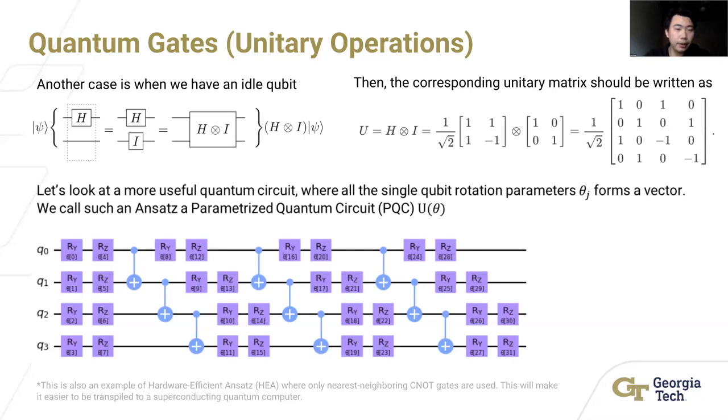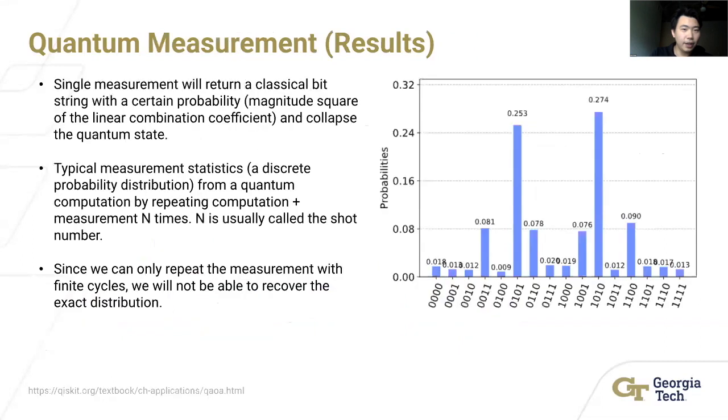We usually call this circuit with single qubit parameterized rotations a parameterized quantum circuit, PQC, or denoted as U(theta). This will be important and very useful in variational algorithms. Variational algorithms are mostly based on this.